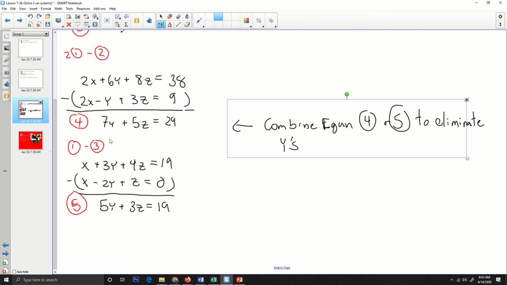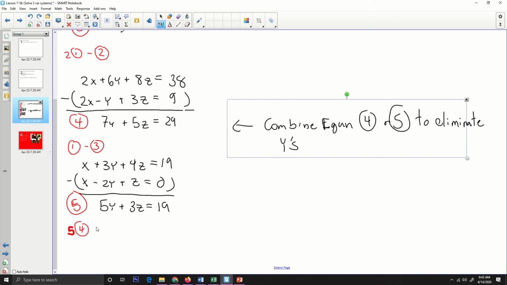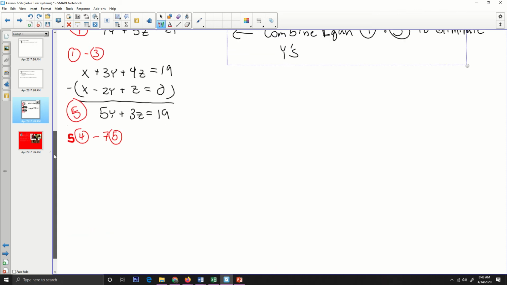Unfortunately, the numbers are going to get kind of big here because I've got a 7 and a 5, and they're both prime numbers. So I'm going to go 5 times equation number 4, and then subtract 7 times equation number 5.